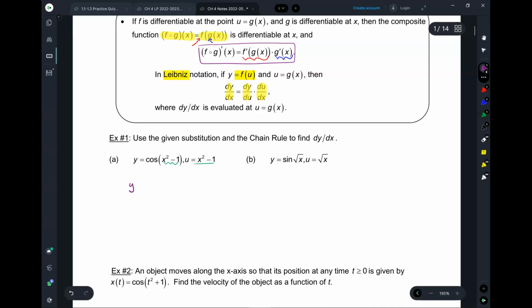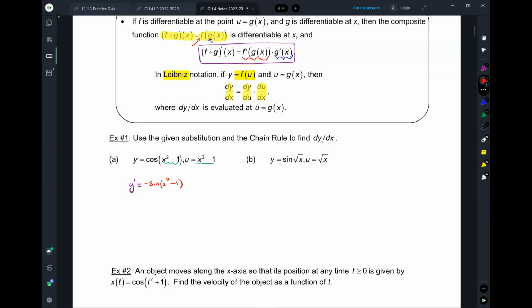Here, y prime is going to be, when we first start reading this function, what is it? It's a cosine, and I know the derivative of cosine is negative sine. So the derivative of this is going to be negative sine, except this isn't cosine x. This is cosine of x squared minus 1. So I say negative sine of x squared minus 1, because that's what my function is.